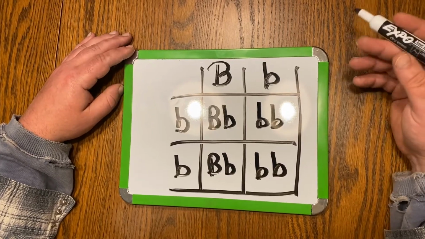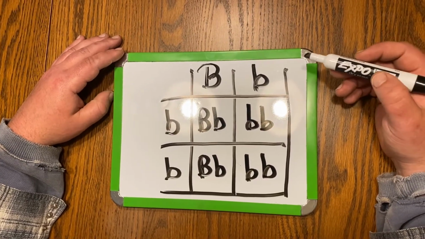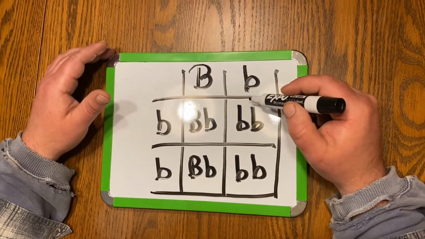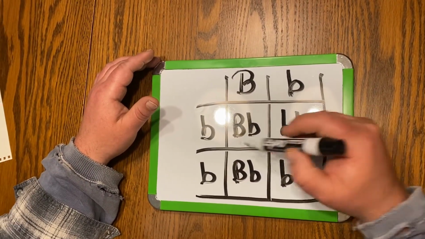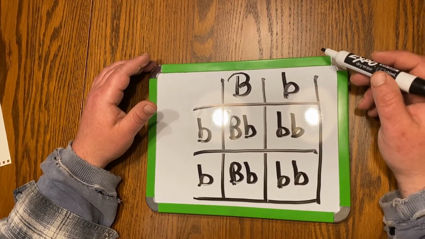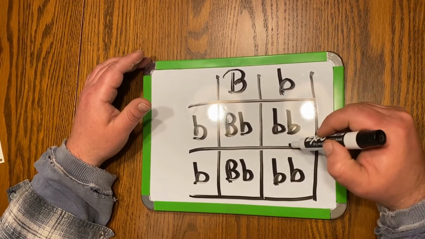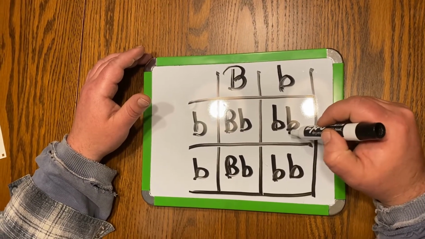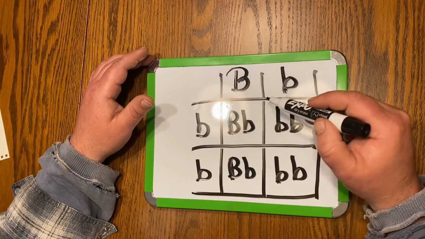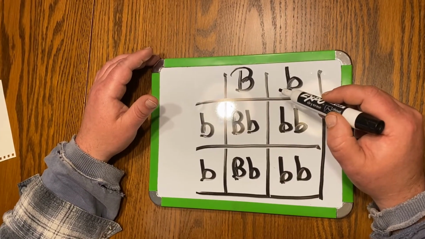This is the probability for their offspring. So when you look at this, they have a 50% chance of having kids with blue eyes. They have a 50% chance of having kids with brown eyes. They have a 50% chance that those kids with blue eyes are going to be homozygous for blue eyes, and a 50% chance that it'll be heterozygous for brown eyes. Okay?